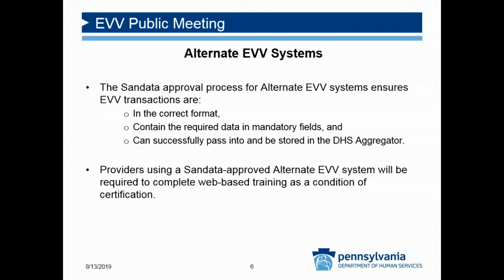So as we've noted here, the SANdata approval process for alternate EVV systems ensures EVV transactions are in the correct format, contain the required data in mandatory fields, and can successfully pass into and be stored in the DHS aggregator. So again, you want to review those technical specifications and the DHS addendum for those specific requirements to ensure that the information can be captured in the DHS aggregator.